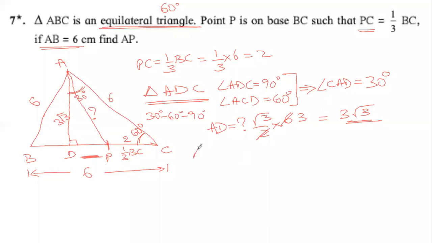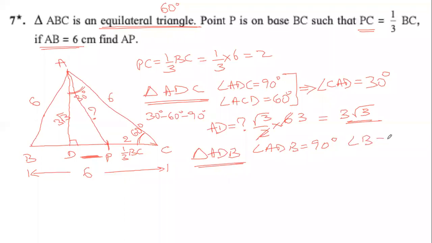Now look at triangle ADB. This is another special right angle triangle. Once again, in this triangle, angle ADB equals 90 degrees.